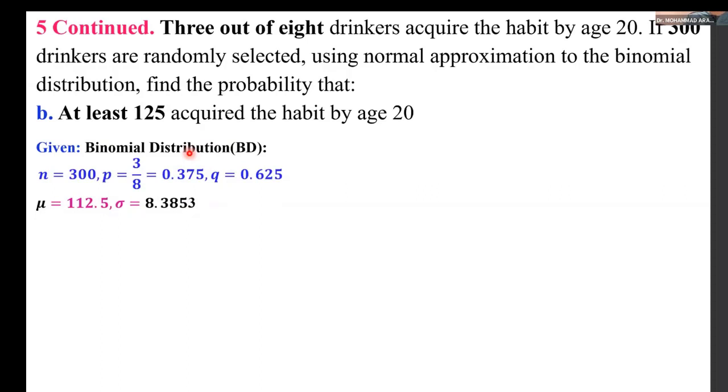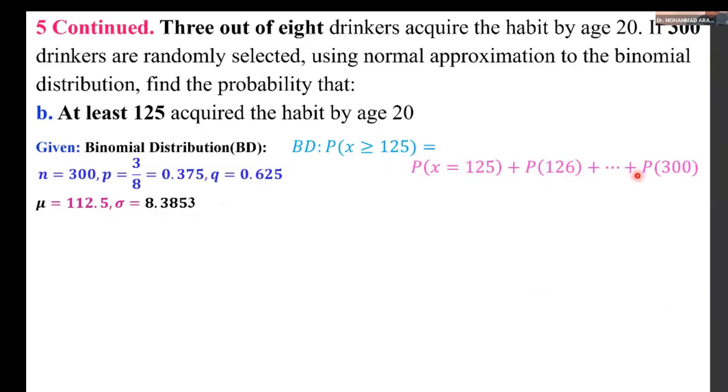So we are interested in calculating the probability of x larger than or equal to 125, which means what? We want the probability of x equals 125 plus 126 all the way to n, which is 300. And this is exactly why they didn't want to do it with the binomial distribution.